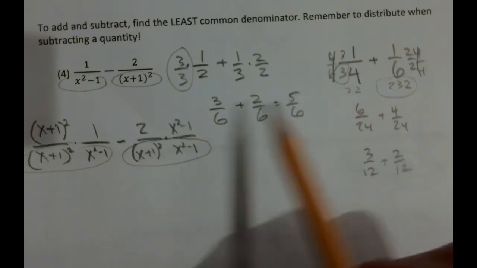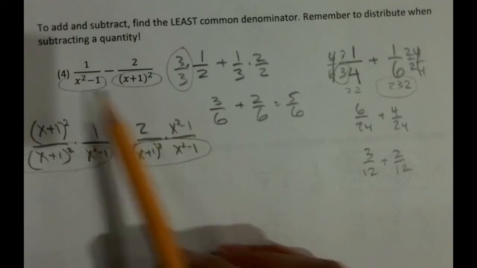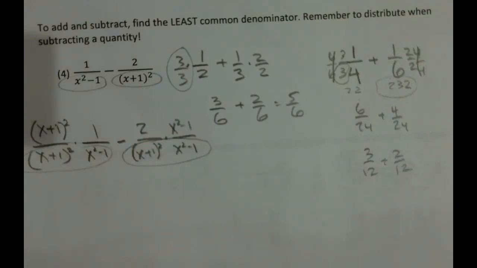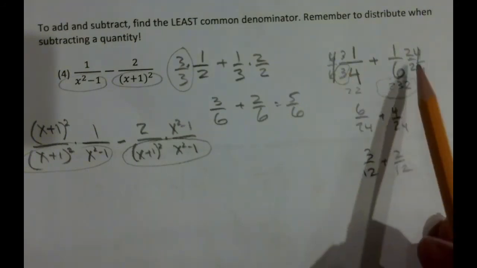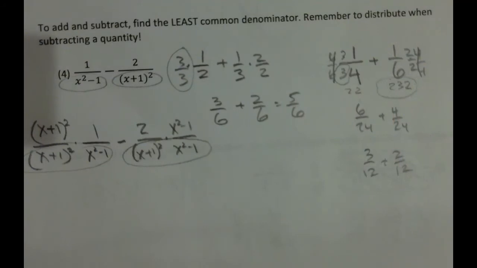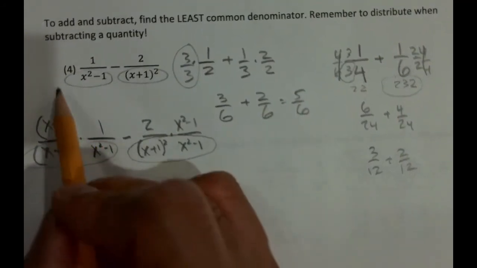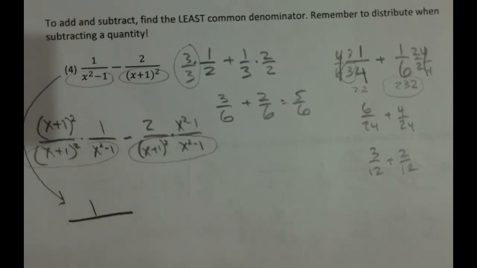So yep, we're going to factor these and see if there are common factors. Then I don't need to multiply by those again. I can just multiply by what is needed to get to the same thing in both denominators. Alright, so factor 1 over.